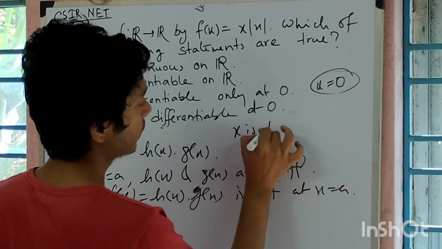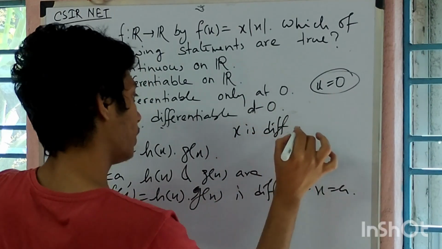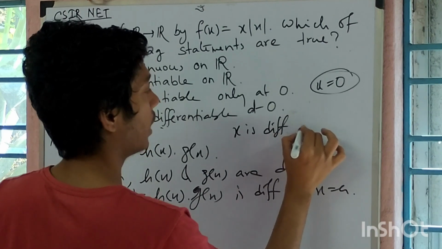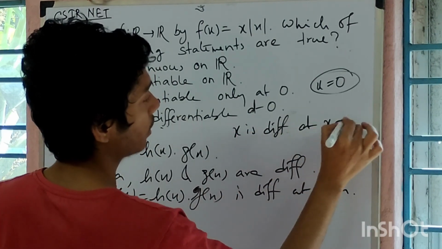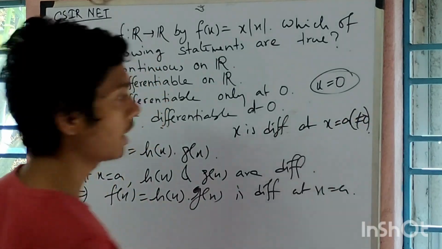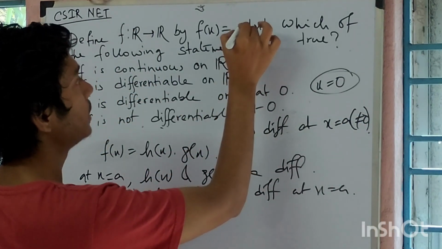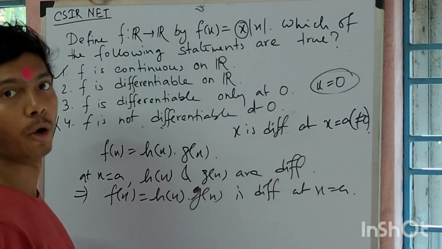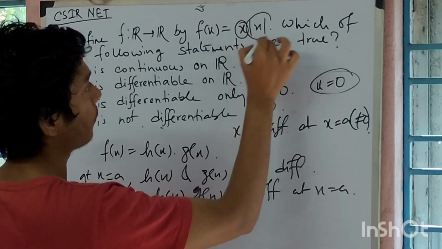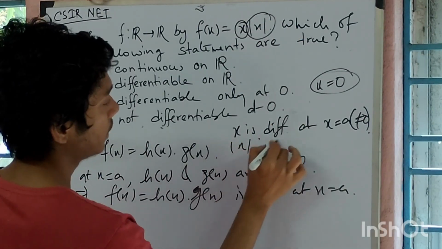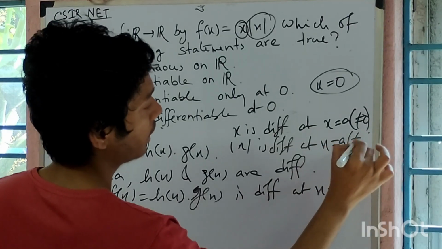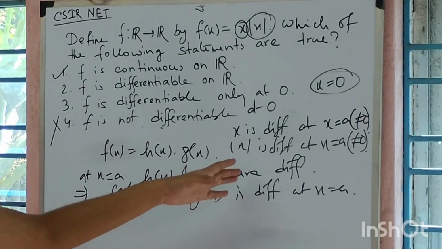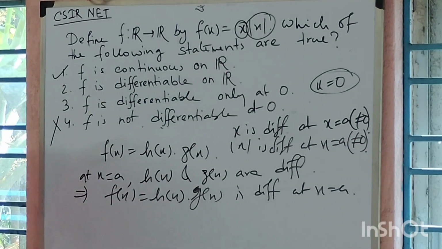Now x is differentiable at x = a, which is non-zero. So this is differentiable at any non-zero point. Again, |x| is differentiable at x = a, where a is non-zero. |x| is also differentiable at any non-zero point.